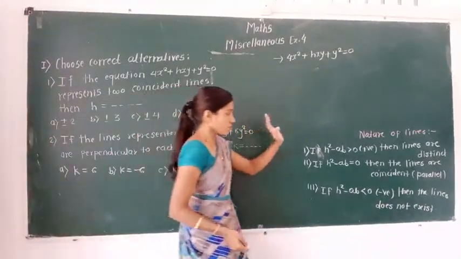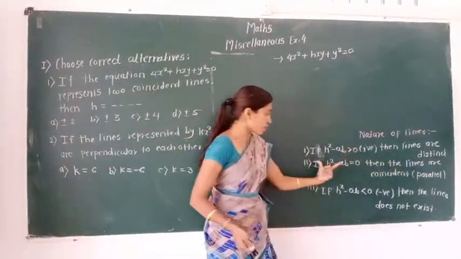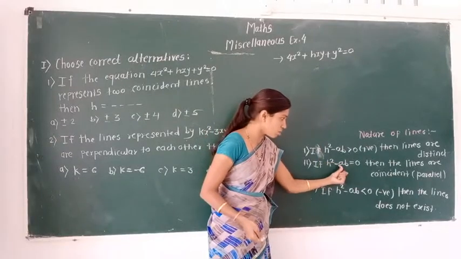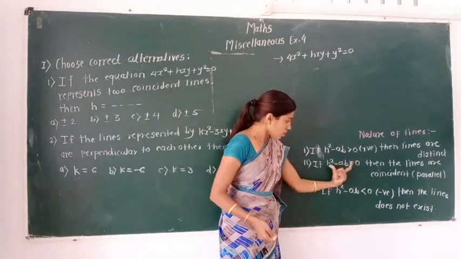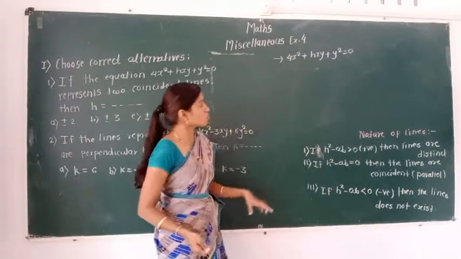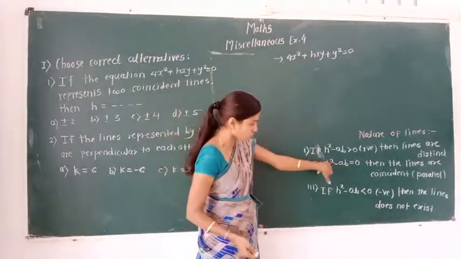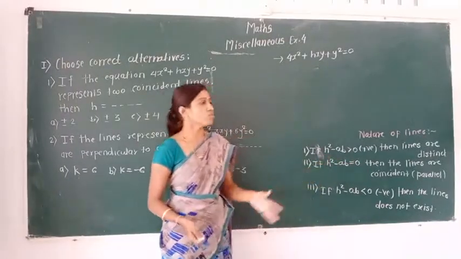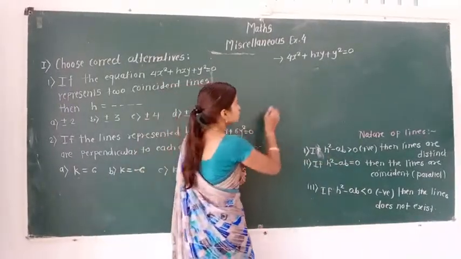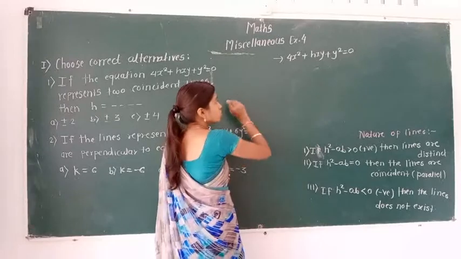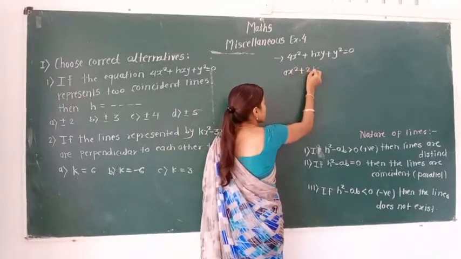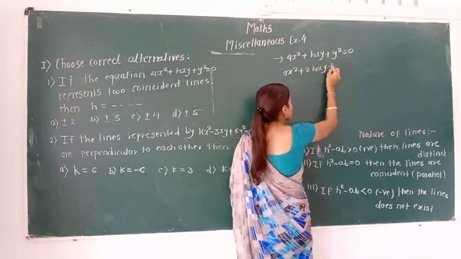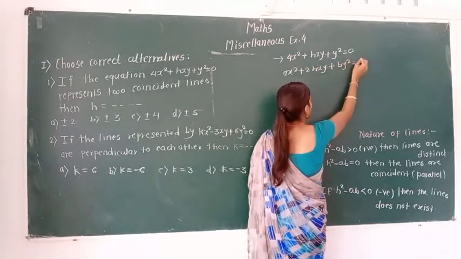That means the given equation satisfies the condition h square minus ab is equal to 0. For taking this condition, first of all we have to find the values of h, a and b. Now first of all, comparing this equation with the standard equation ax square plus 2hxy plus by square is equal to 0.